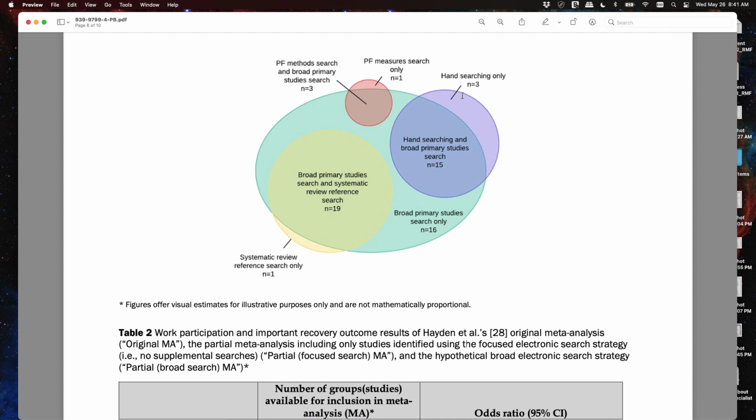So they already found like 19 studies through the database search. So they would have screened all the reference lists of these studies. They apparently did forward citation tracking. They did some sort of hand searching. So it would be very interesting to know what the numbers retrieved by these search approaches would have been.